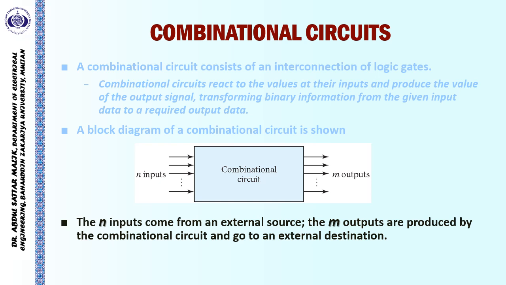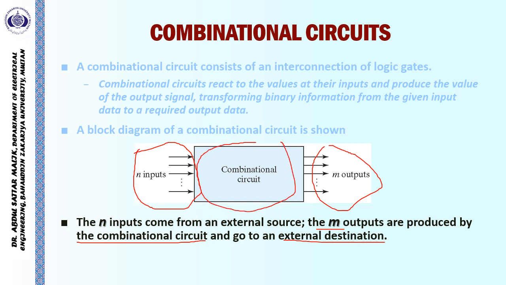The n inputs of a combinational circuit come from an external source, and the m outputs are produced by the combinational circuit and go to an external destination. So in case of a combinational circuit, we have n inputs, m outputs, and the circuit itself, and this circuit actually transforms the binary information from n inputs to m output binary values.